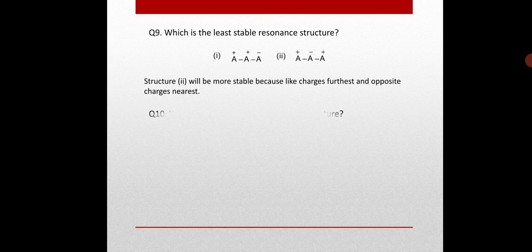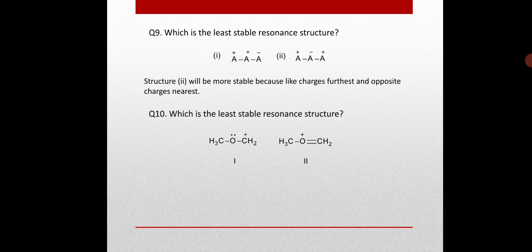Coming to the last question, which is the least stable resonance structure, 1 or 2? This is a very simple one. In 1, there are lesser number of covalent bonds compared to that of 2.